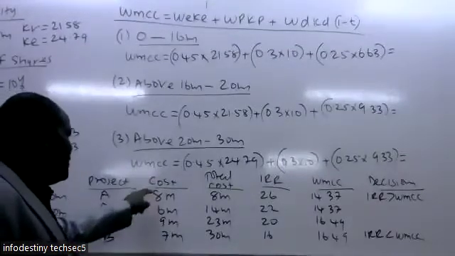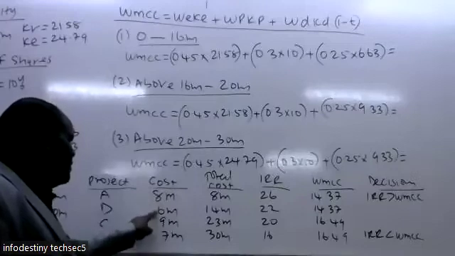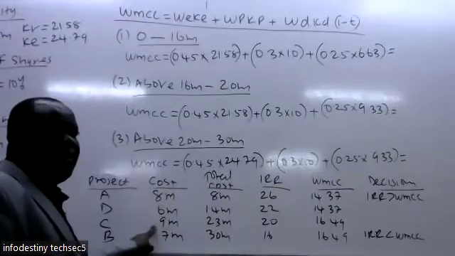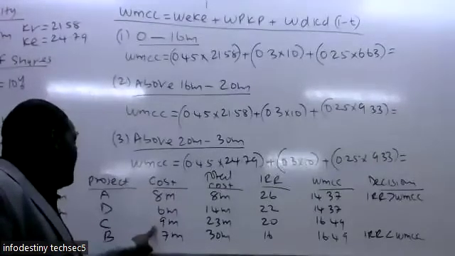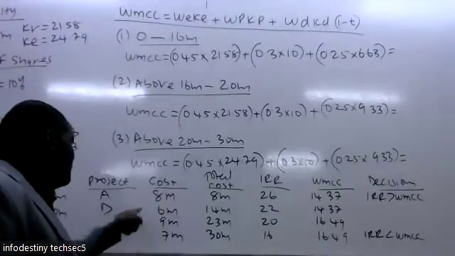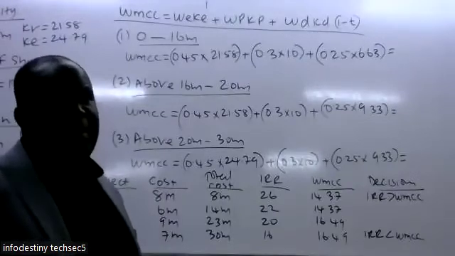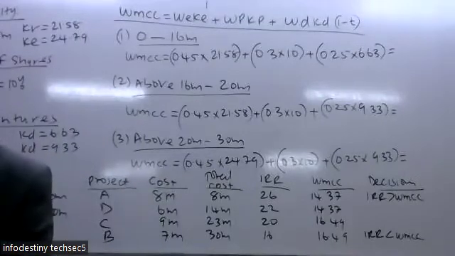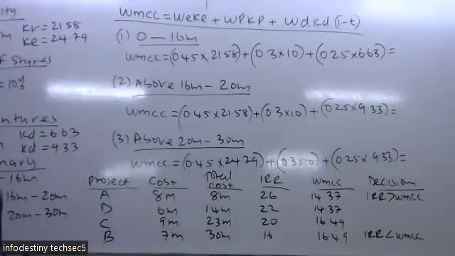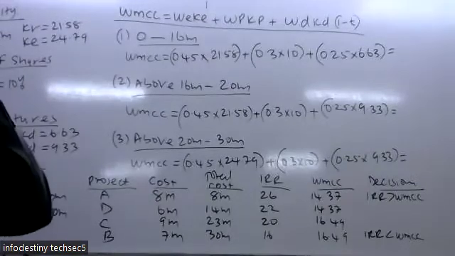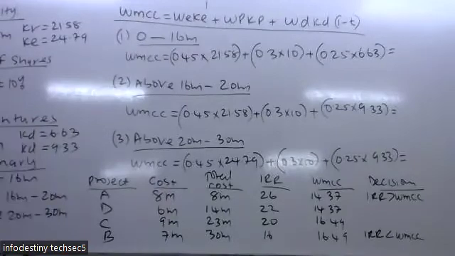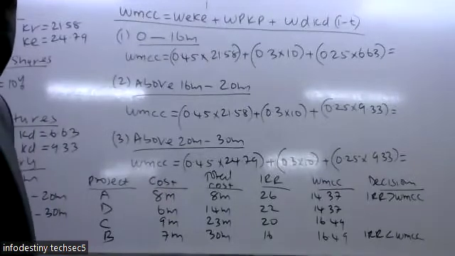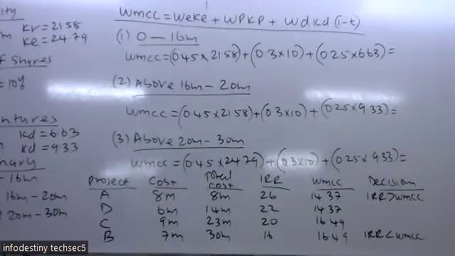That means you have added 8 plus 6 plus 9, so A, D, and C. So when you add them together, the optimal capital budget is the total cost of the accepted projects, i.e. 23 million. So that was how to analyze that particular question.